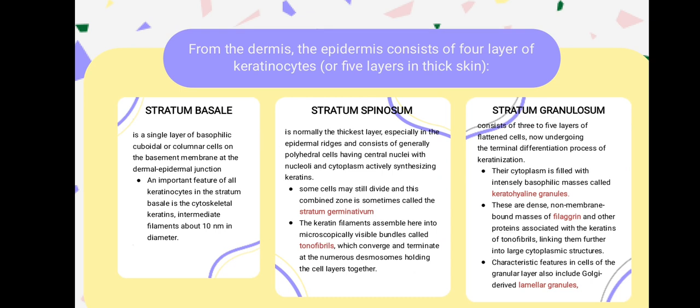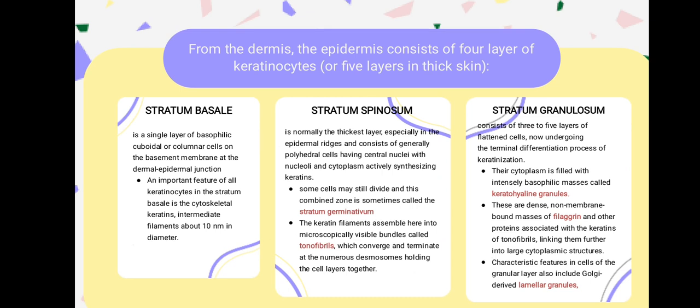Next is the stratum spinosum. They are normally the thickest layer, especially in the epidermal ridges, and consist of generally polyhedral cells having central nuclei with nucleoli and cytoplasm actively synthesizing keratins. Some cells may still divide, and this combined zone is sometimes called the stratum germinativum.